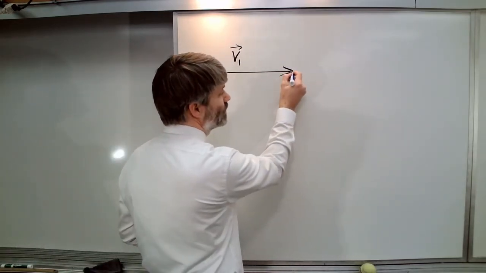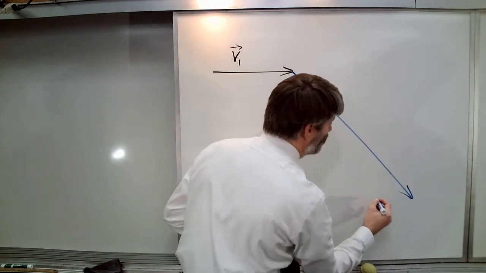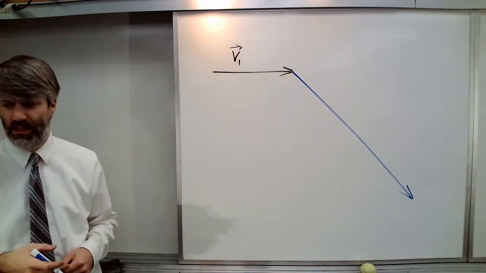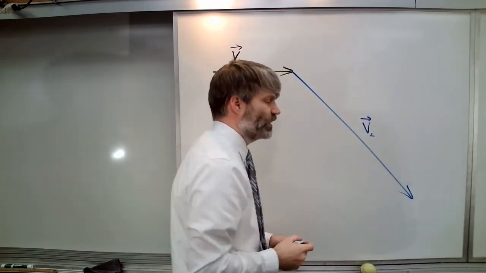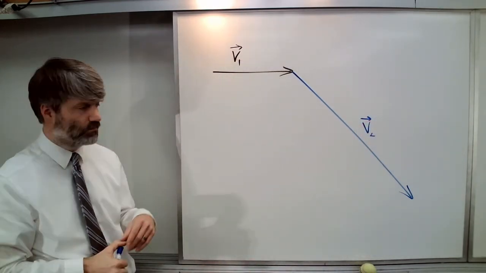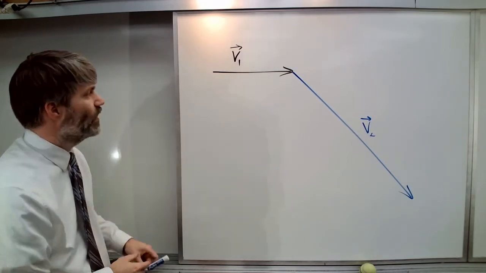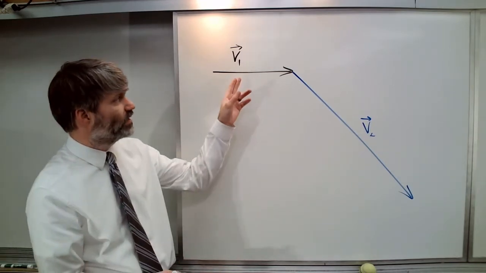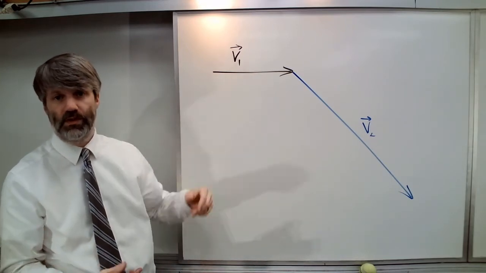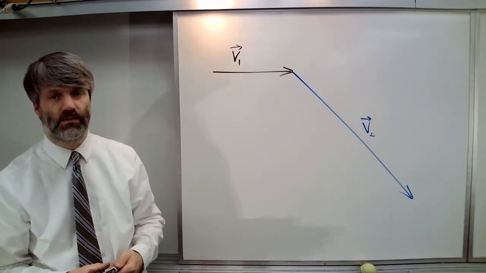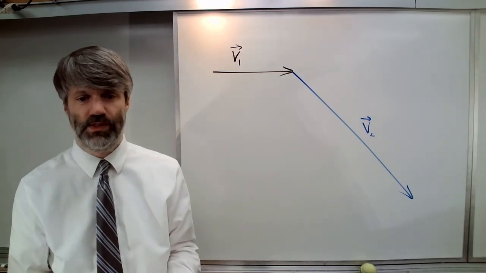So we're looking at something like this, right? So this is our V2 vector. Now, one nice thing about this is that V1 is all x component. The y component in this case is 0.